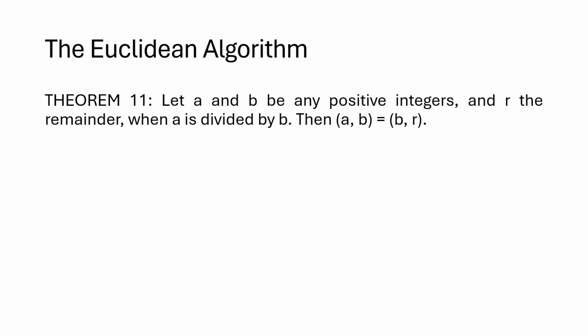So let's have the Euclidean algorithm. In the Euclidean algorithm, there are procedures that exist for finding the GCD of two positive integers.